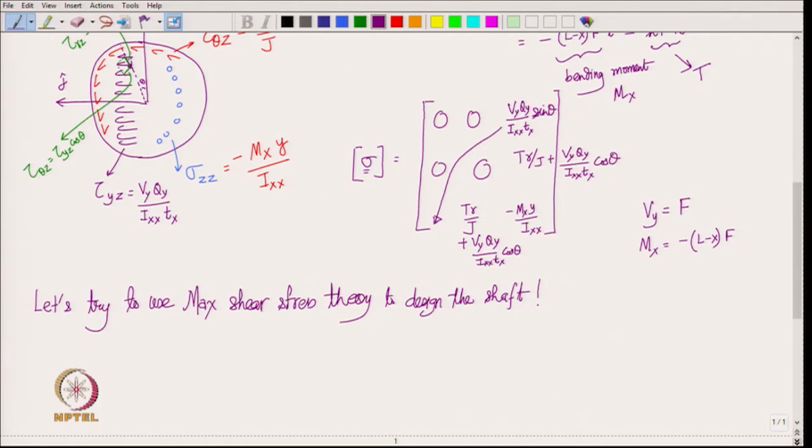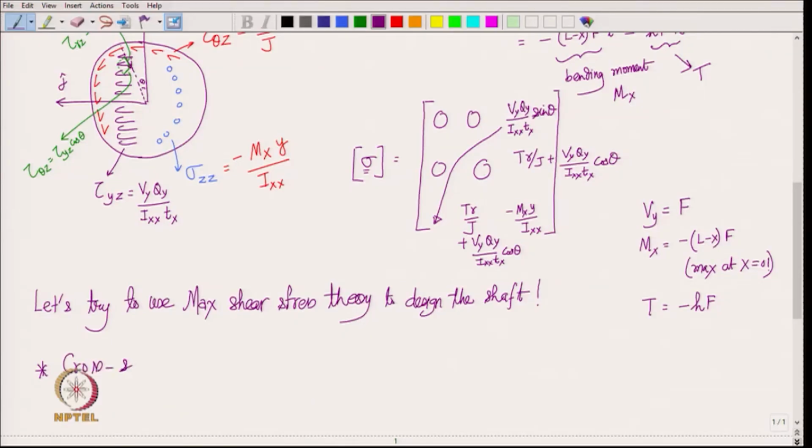So, when x is equal to 0, M x becomes maximum at the clamped end. And then the torque T is simply minus h F. So, that is also constant for different cross sections of the cylinder.